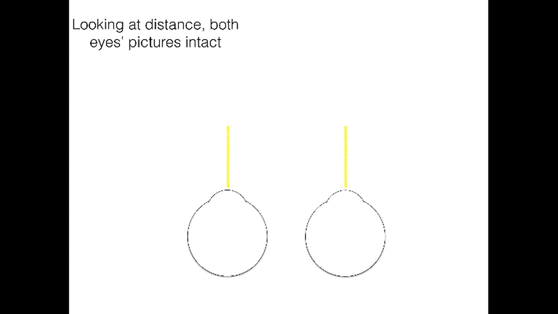Now, that means that if one eye's picture drops out, the lock for that eye to stay with the other eye is gone, and all of the aiming mechanisms can get a lot more sloppy. And that, I think, is the root of the visual distortions that we run into with intermittent central suppression.